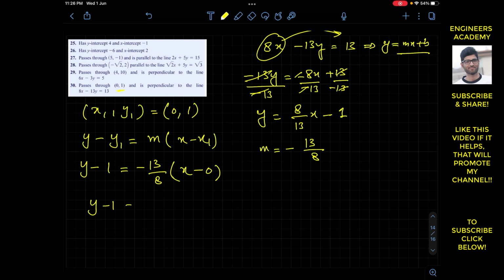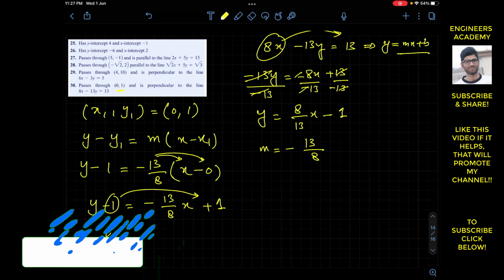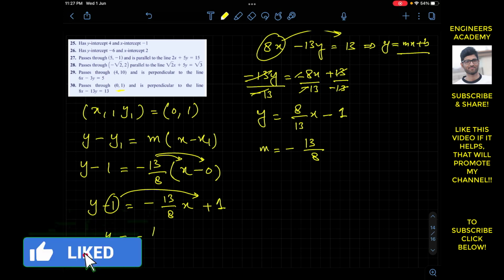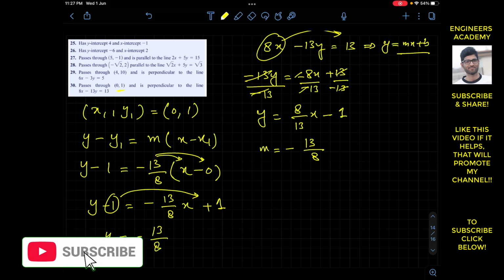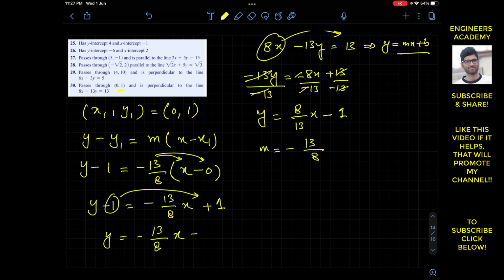We multiply this, so this will be minus 13 divided by 8 x, and if we bring this minus 1 to the other side of the equation, it will become positive. So the equation of the desired line is y equals minus 13 divided by 8 x plus 1. So this is the equation of the straight line which is perpendicular to this given line and which passes through this particular point.